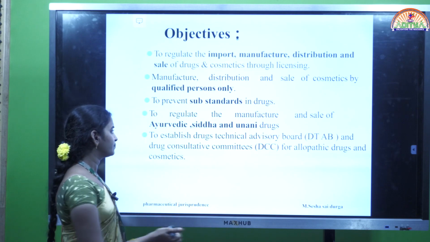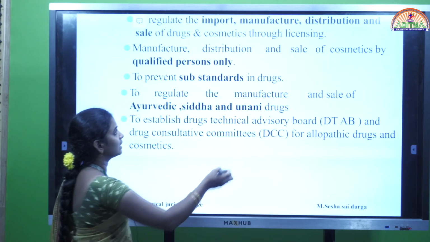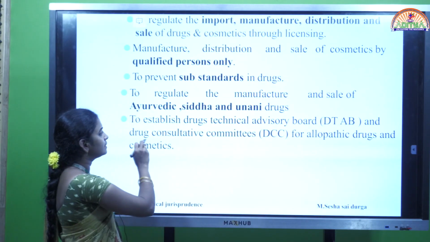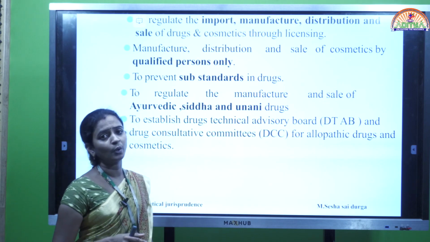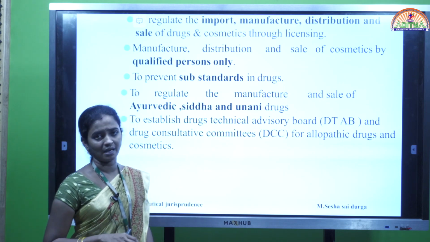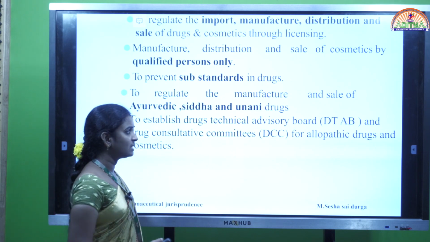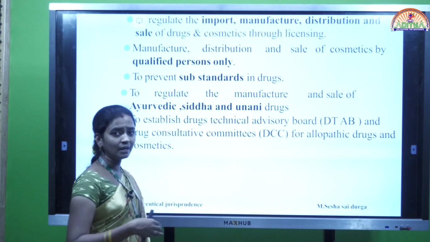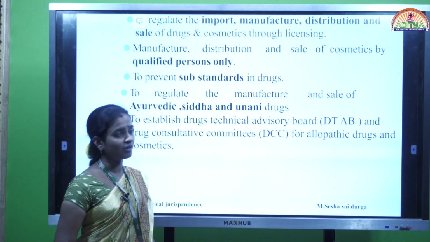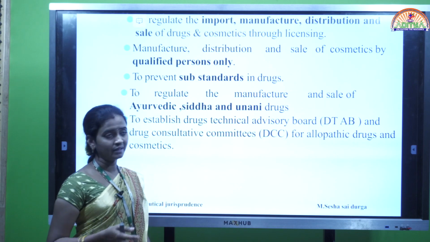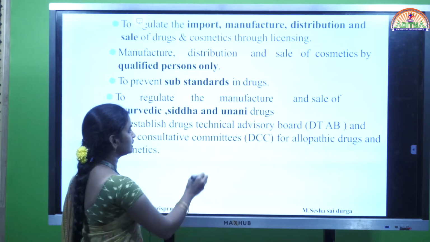In the same way, the DTAB, the Drugs Technical Advisory Board, and the Drugs Consultative Committee are the two administrative bodies under the Drugs and Cosmetics Act. Administration means they will do all the activities or make the people do the remaining activities related to pharmacy. DTAB and DCC are the controlling bodies.